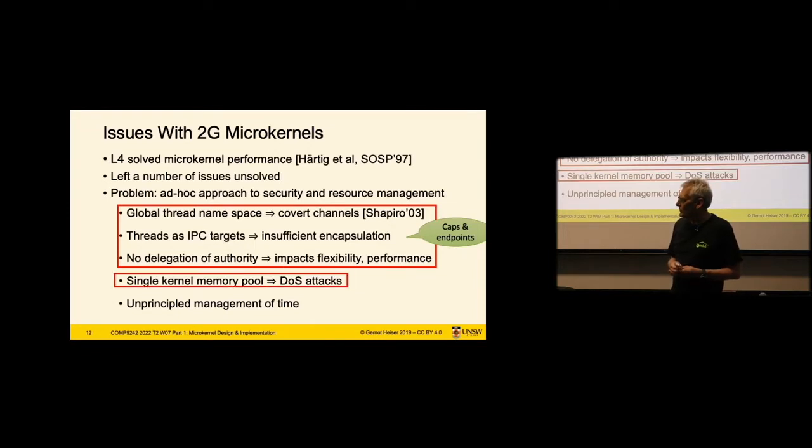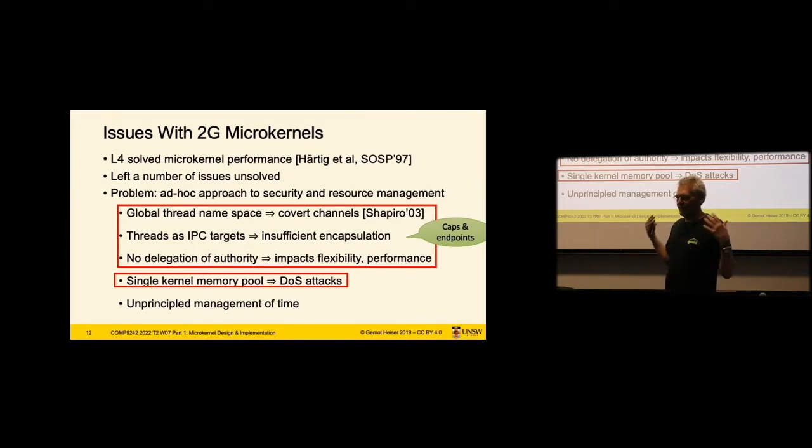The other was this thing that the kernel had this memory pool, which of course opens it up to denial of service attacks, right? If you create a new address space, or if you just keep on mapping pages in your address space, then of course that consumes kernel memory. If you have a large address space, you just map stuff sparsely, then you can force the kernel to allocate a new page table for every mapping basically.